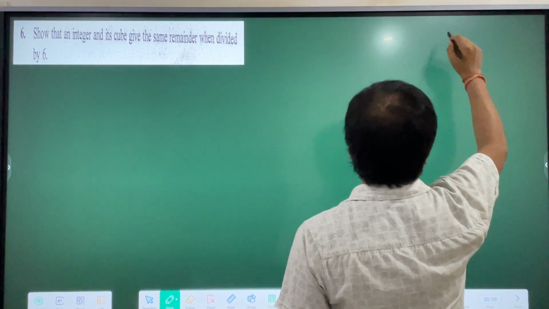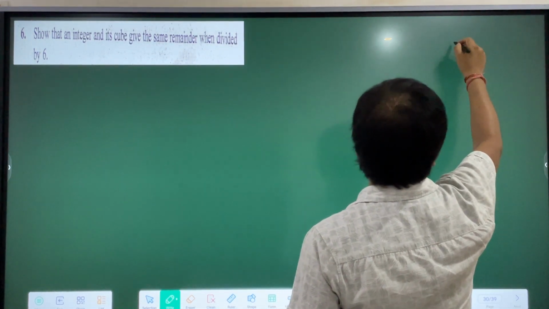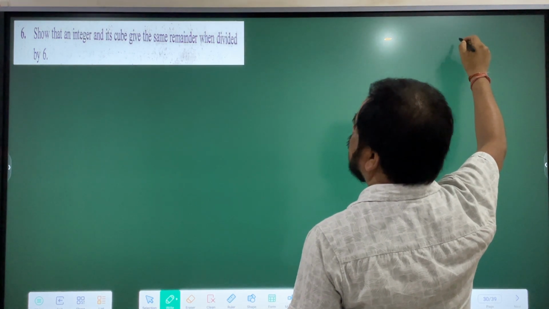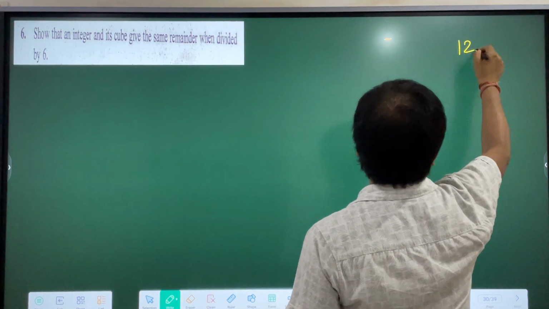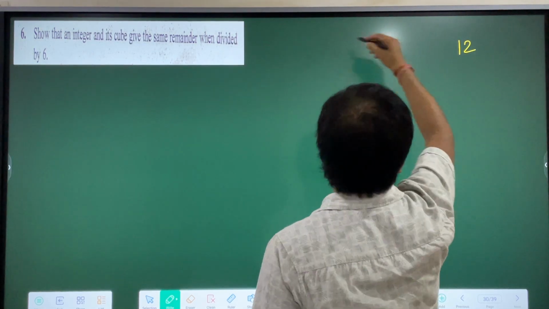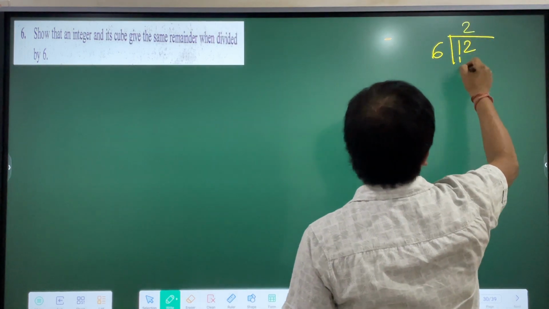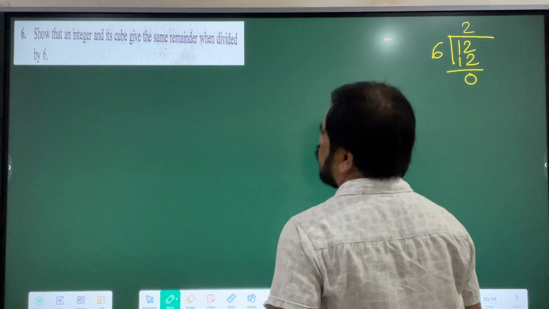Suppose the number is 12. So that an integer and its cube give the same remainder. If we divide 12 by 6, the remainder is 0.